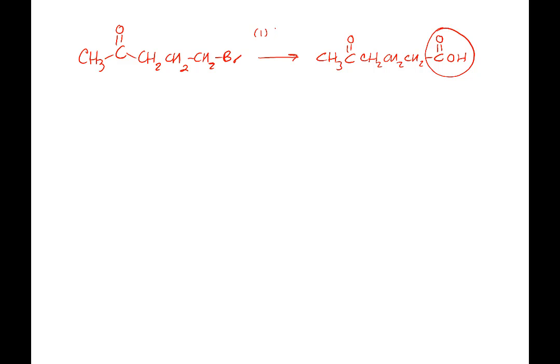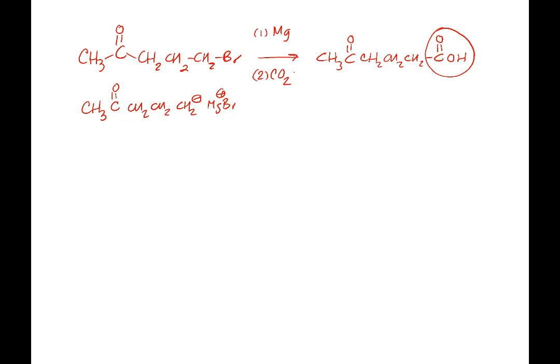I'm going to have to add Mg, magnesium, which turns it into the Grignard, so that's going to be R minus, and then the MgBr plus is the counter ion. And then what do I need to add to that Grignard to convert it to a carboxylic acid? CO2. So in the second step, I'm going to add CO2.